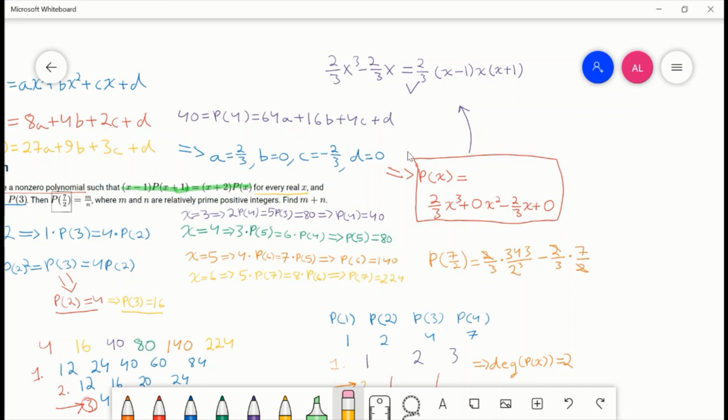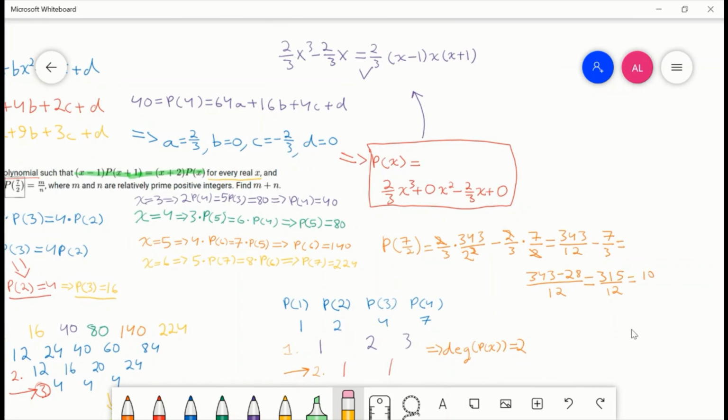After a lot of cancellation and some basic fraction arithmetic, we get that p of 7/2 is equal to 315/12, which is the same as 105/4. So as in the previous solution, this is our m, this is our n. We add them together to get 109.